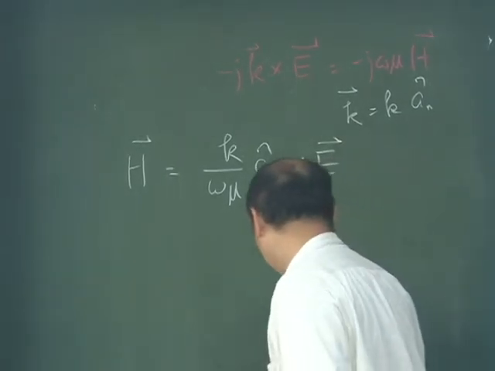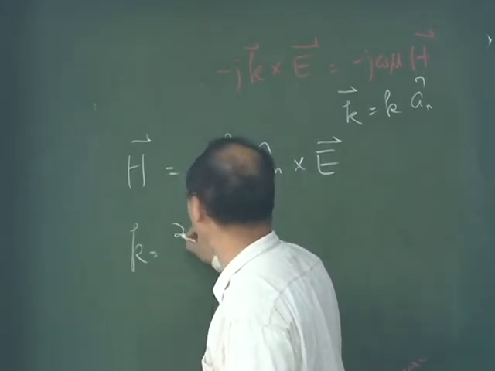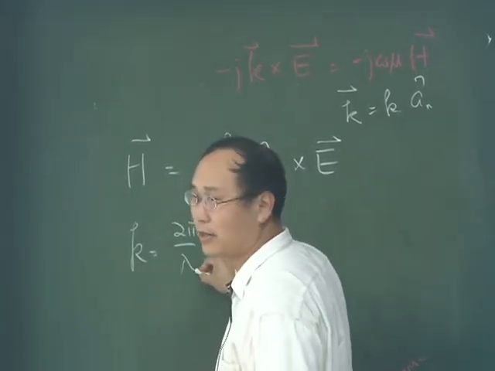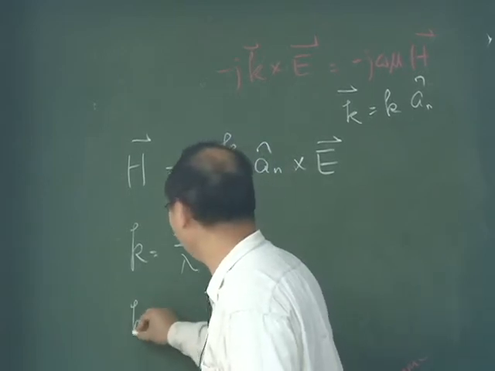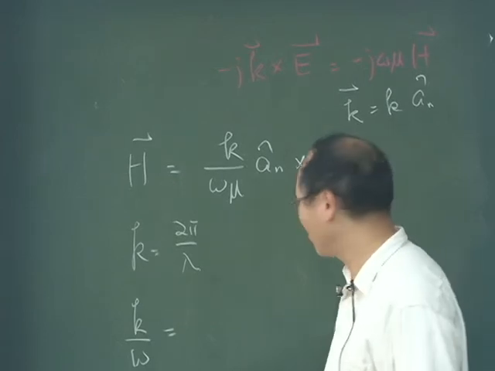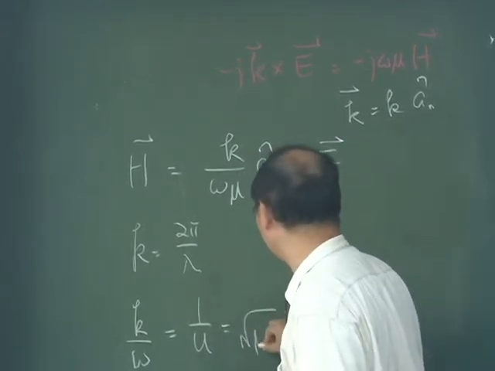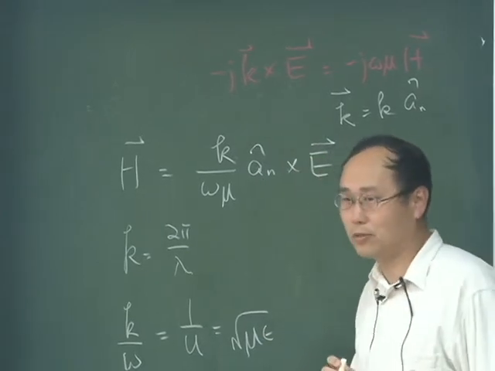Okay, and this k, you know this k is equal to 2 pi over lambda. So k over omega basically is equal to 1 over u, or equal to square root of mu epsilon.